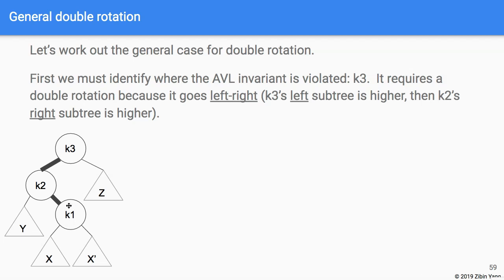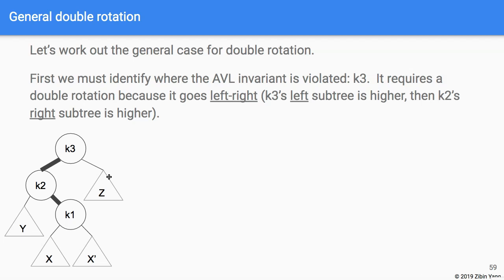It's not K1 because both trees are the same height. It's not going to be node K2 because it's just off by one. And that's where K3 comes in. It's because the subtree on the left of K3 is two levels above what's on its right subtree.